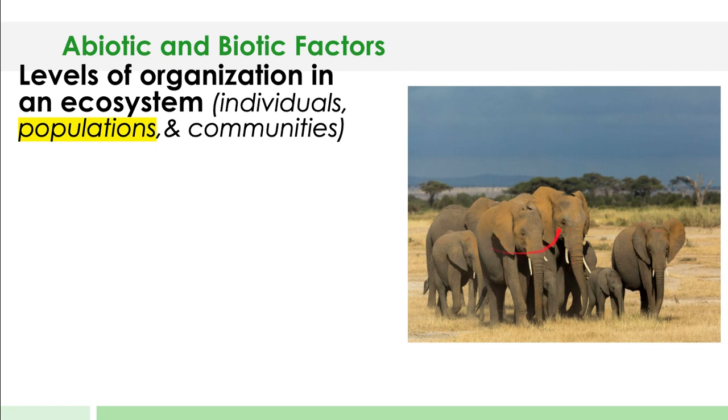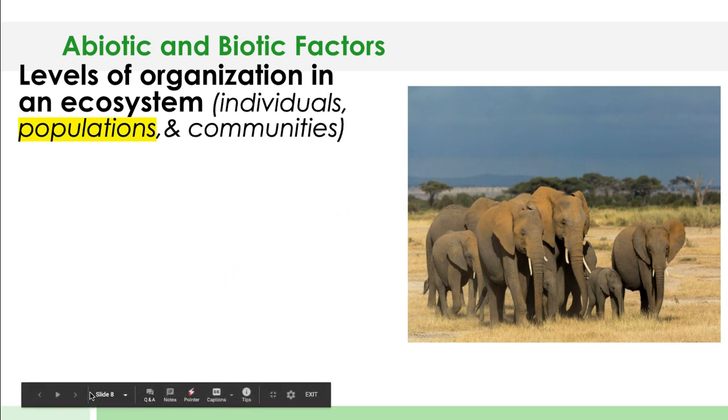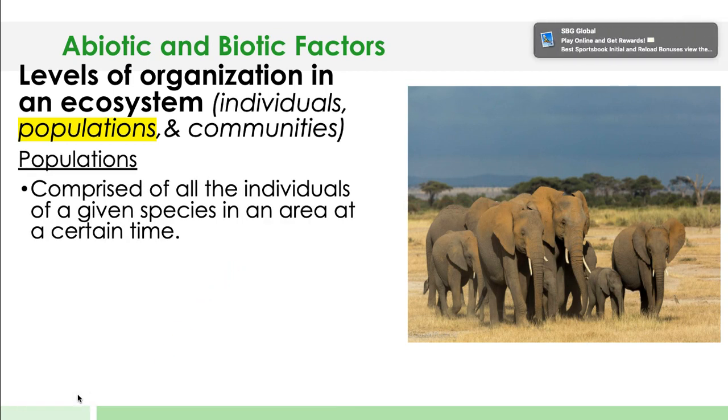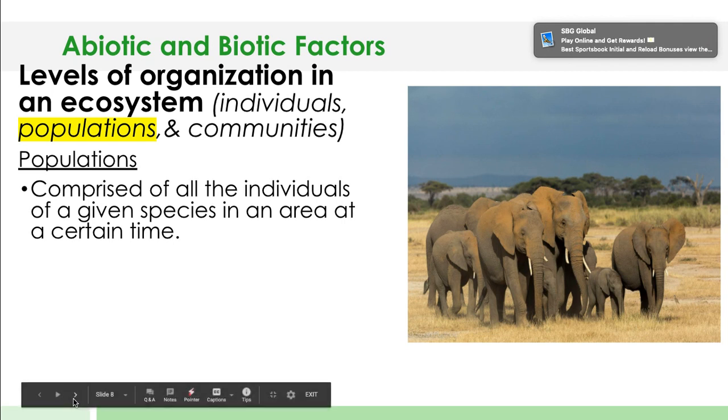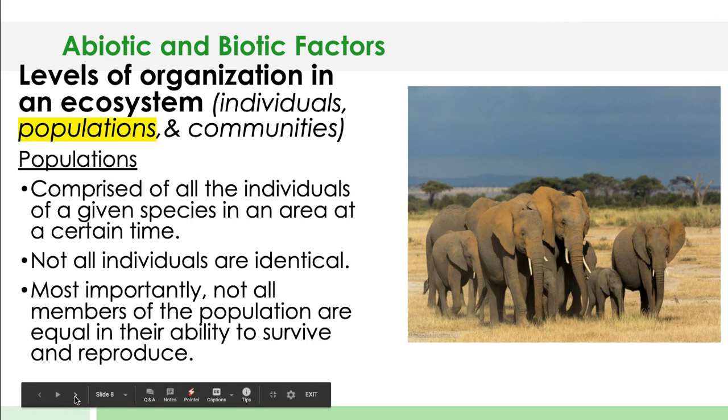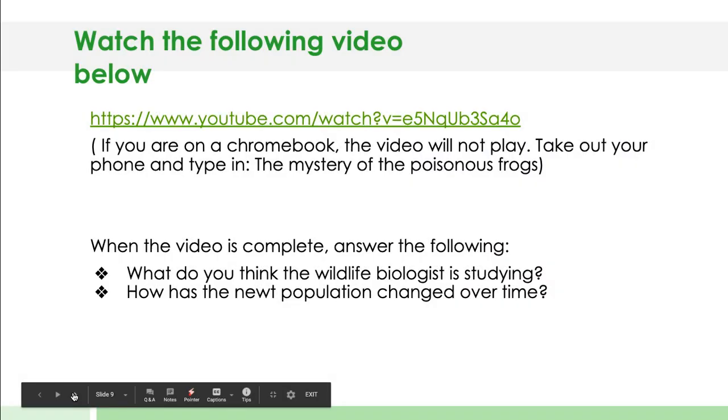So we're going to focus on a population, right? Remember, populations comprise all the individuals of a given species in an area at a certain time. Not all individuals are identical. Most importantly, not all members of the population are equal in their ability to survive and reproduce.